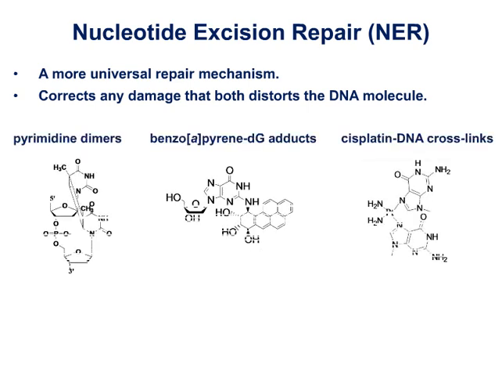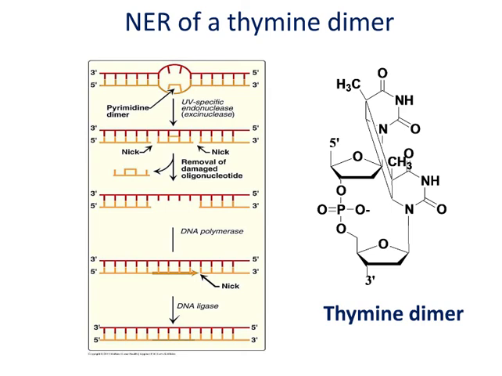These modifications include thymidine or pyrimidine dimers, bulky adducts such as those created by the carcinogen benzopyrene, or cross-linking agents like cisplatin. The DNA of a human skin cell exposed to sunlight will accumulate thousands of thymine dimers per day. If these are not removed by nucleotide excision repair, they are potentially mutagenic.